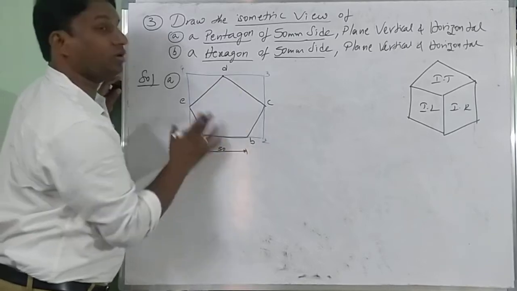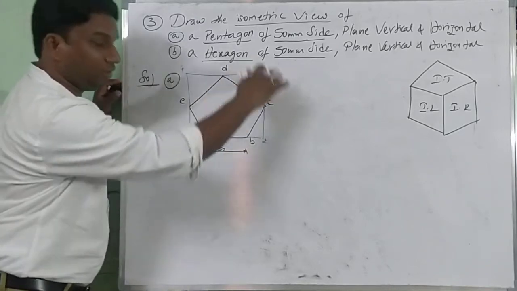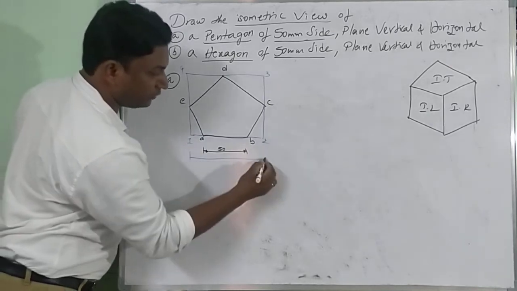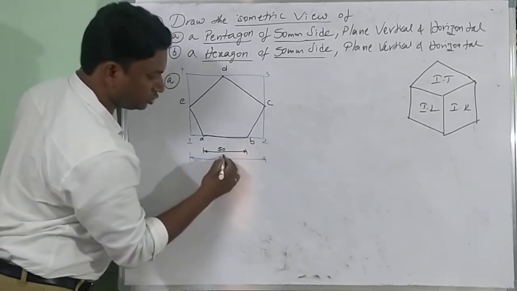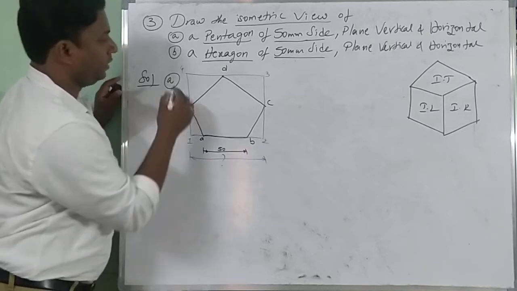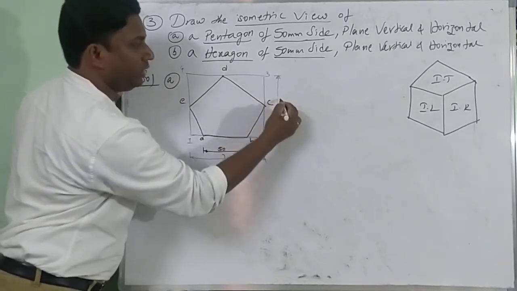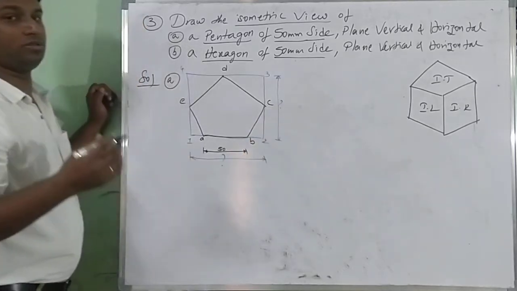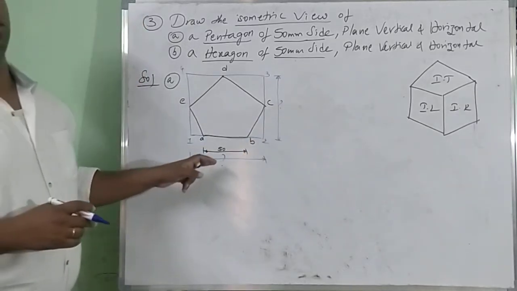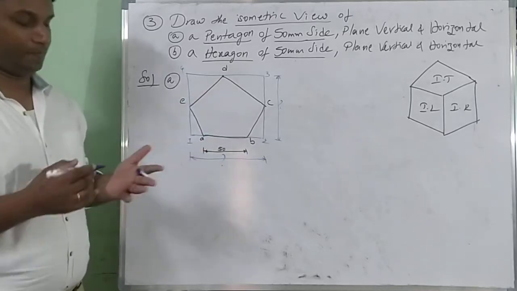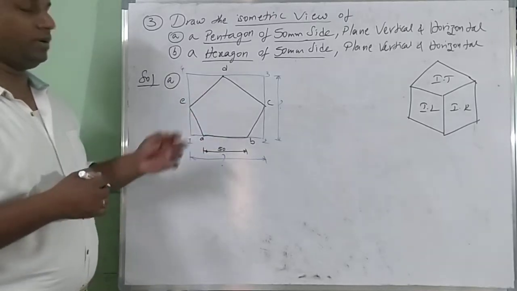When you complete your original pentagon, after that you have to construct a box. After constructing, the length of this 1, 2 has to be measured. Now whatever the height of 2, 3 is, it has to be measured. Those values depend upon the original size of your pentagon. So you are supposed to remember that first.